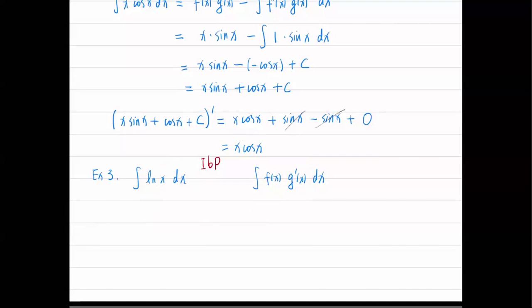Okay, so if this is the g derivative, we have to find g, and that's the initial problem. This doesn't work. So let's make f of x equal logarithm x. Now, to match these two integrals, I match the one function.